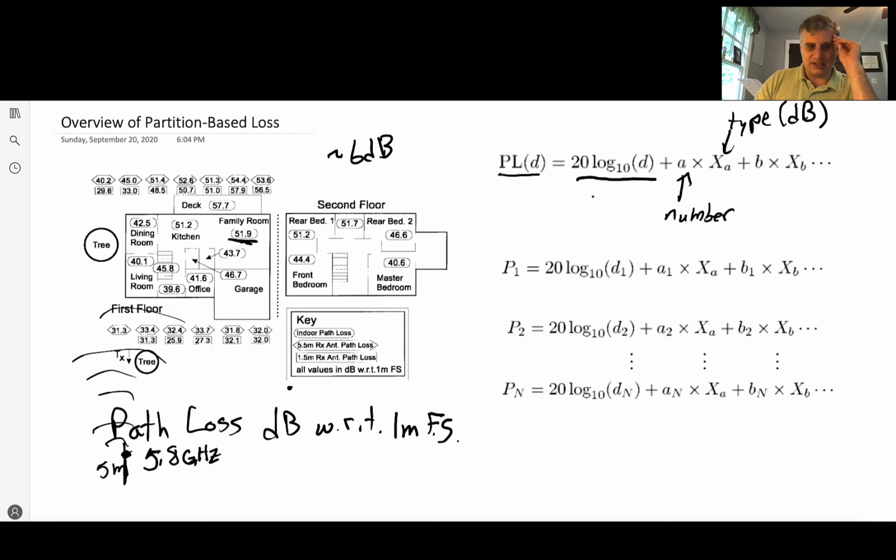Now this is nice because computers are very good at calculating intersections of things. They're very good at taking a blueprint and figuring out what's in the way. So for example, if the transmitter is down here and I've measured, let's pick this office, this front door office here, front office, 41 dB of signal strength.